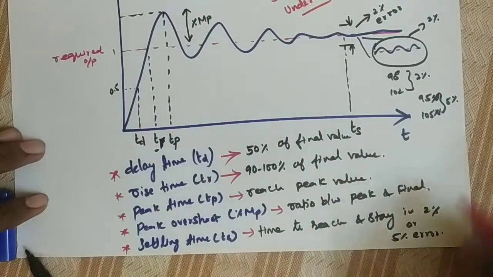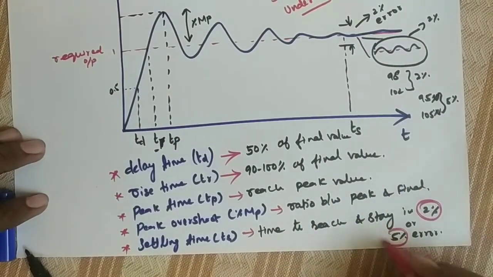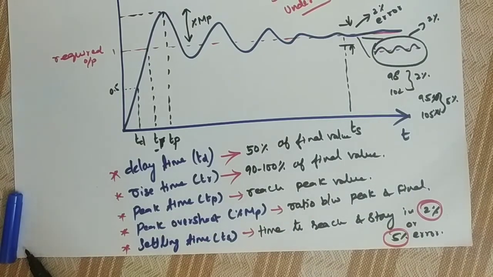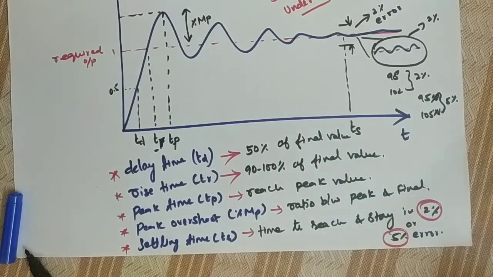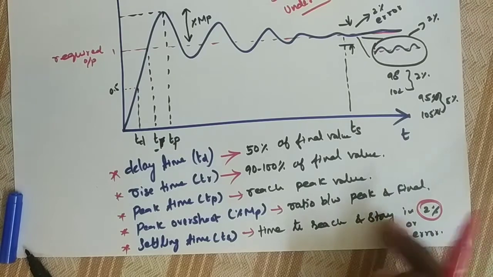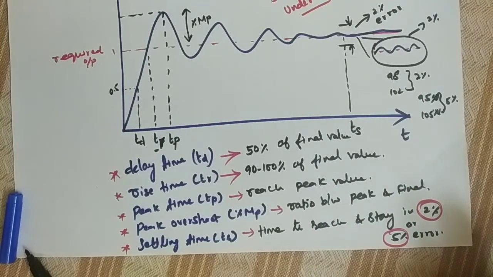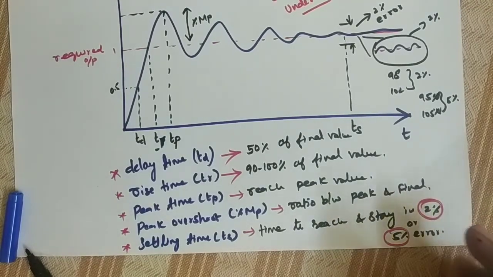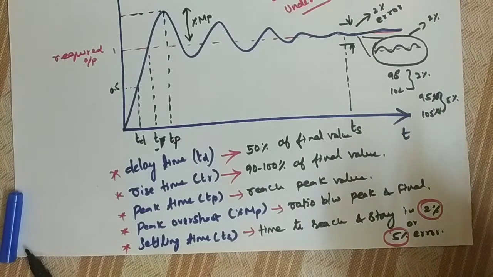This is very important: 2% or it may be 5%. This is what we call allowable error. Within that we can say we almost reach the final output.